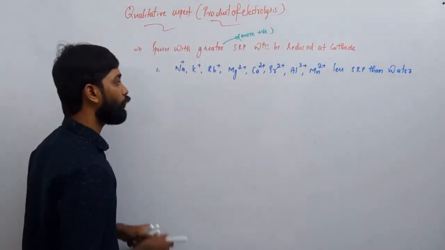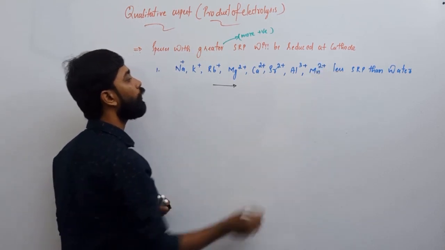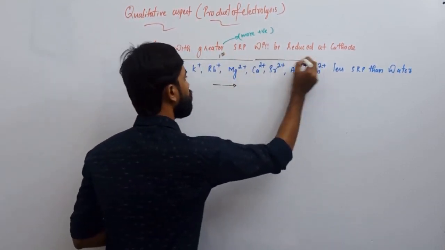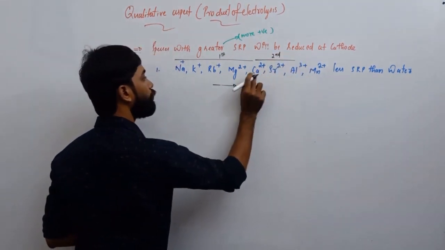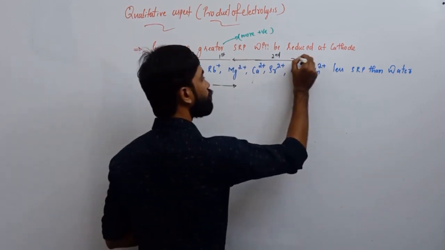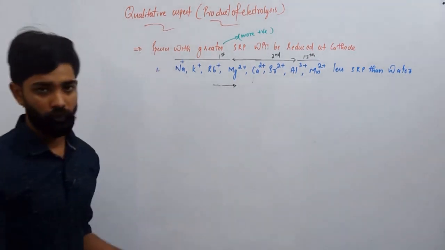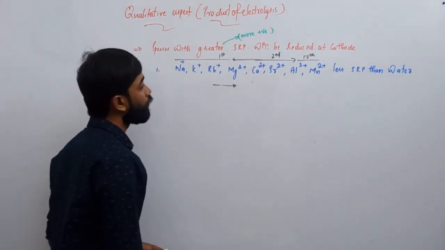So if there is a competition between these species, the first group, second group, and 13th group, including manganese also, fine. Listen.